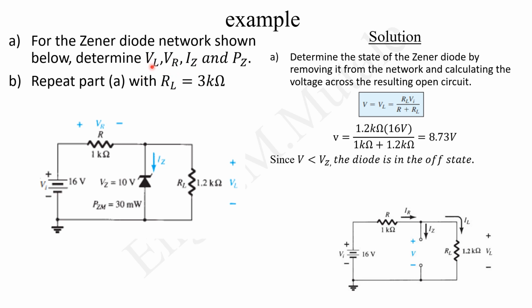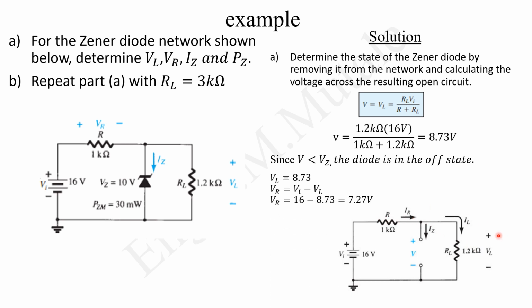The value for VL is the voltage drop across that, which is the one we've calculated there, 8.73 volts. The value for VR, you can do voltage divider, or simply the voltage across R is VI minus VL.